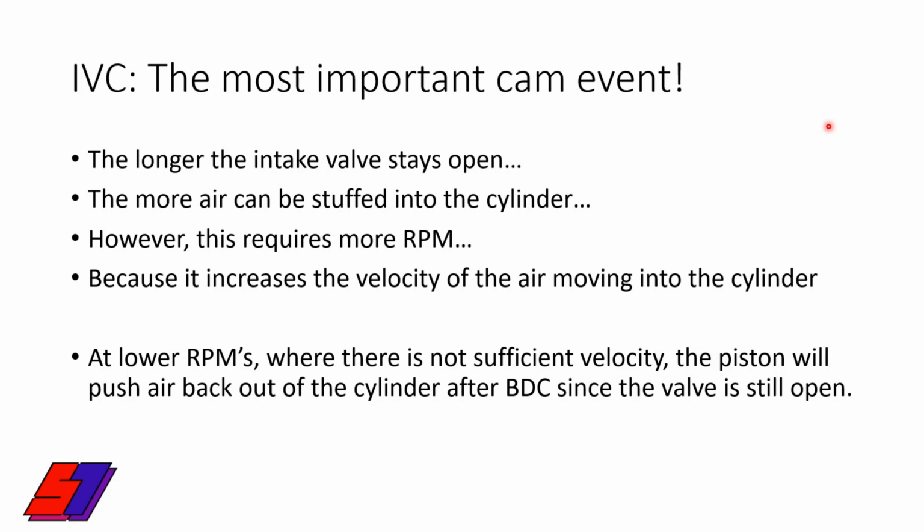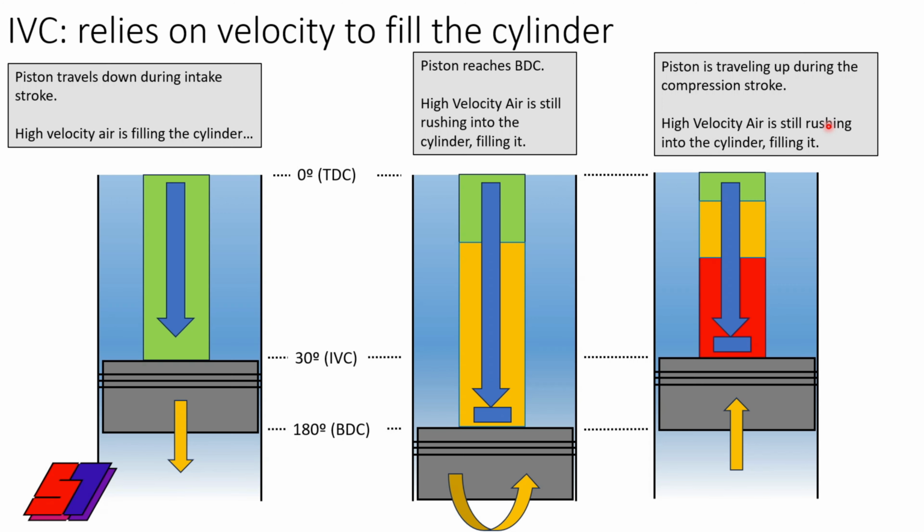The only way to do that, though, is to go to higher RPMs, because you're increasing your CFM of air, and that air has velocity. It has kinetic energy. It's moving fast, and as Newton says, anything in motion tends to stay in motion, including air. The downside to that late intake valve closing angle is there is a lot of reversion at low RPMs, which means you lose volumetric efficiency at low RPMs.